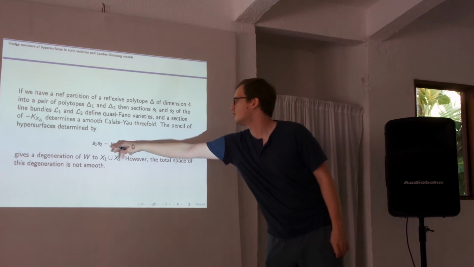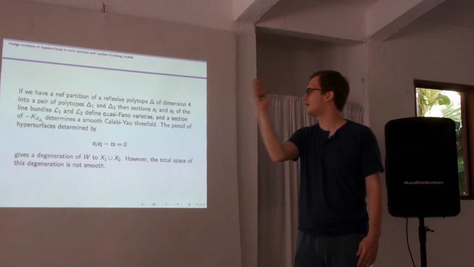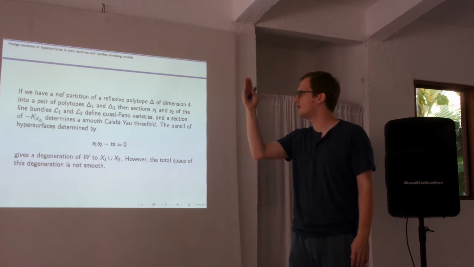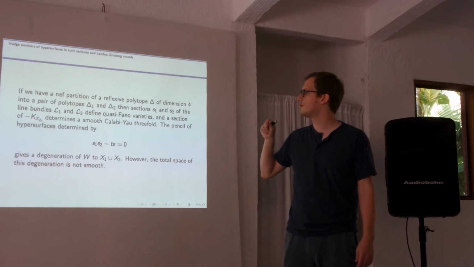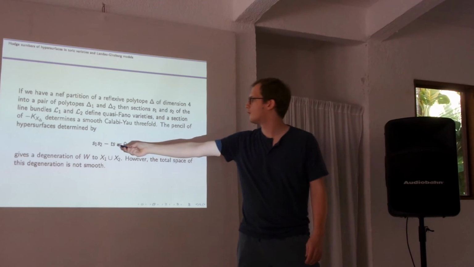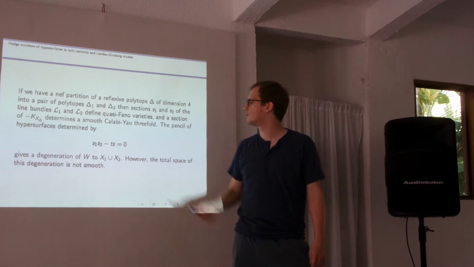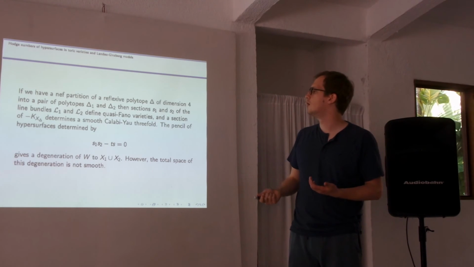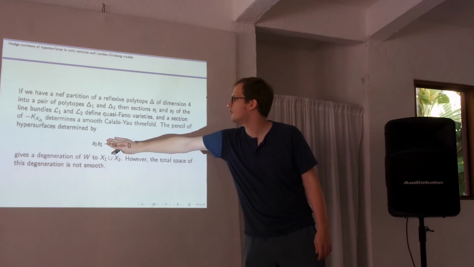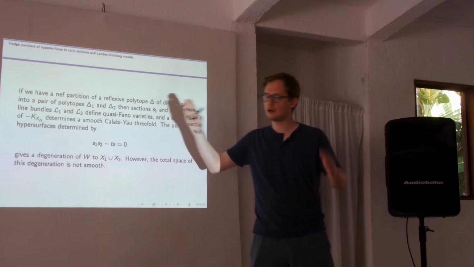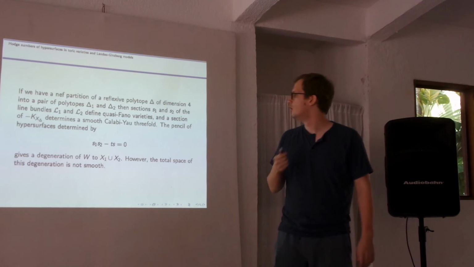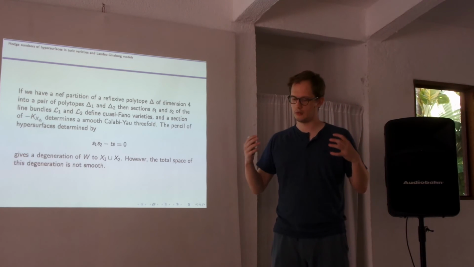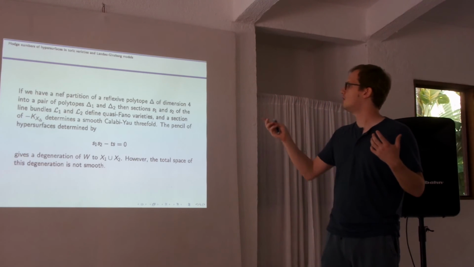So this is all just the pencil of sections in the anticanonical of X delta. We get a pencil like this, which gives a degeneration from the generic fiber, which is a smooth Calabi-Yau, to, when t is equal to 0, the degenerate fiber, which is just the union of X1 and X2, where these are hypersurfaces determined by sections S1 and S2.